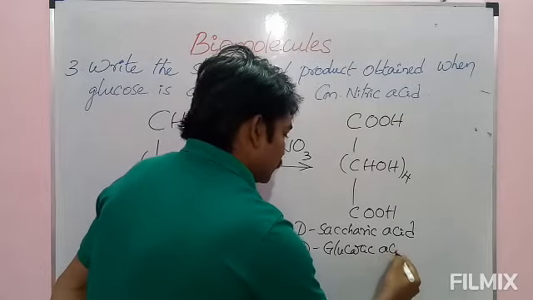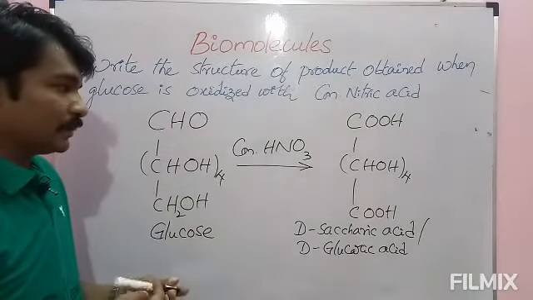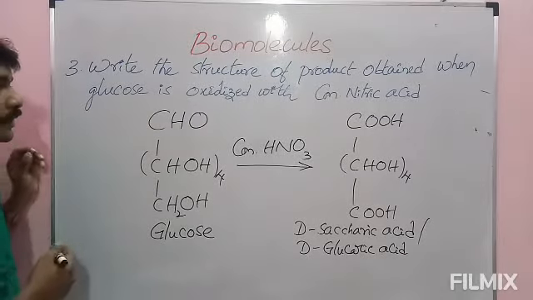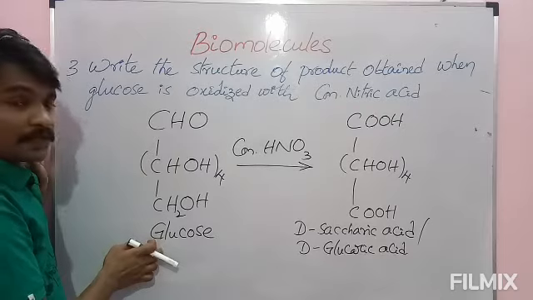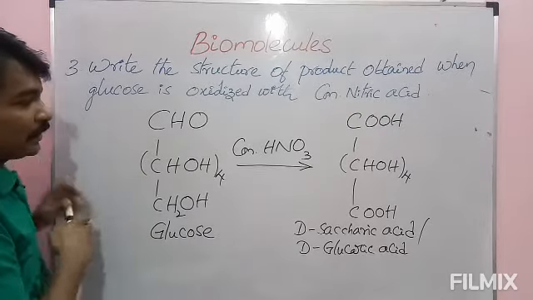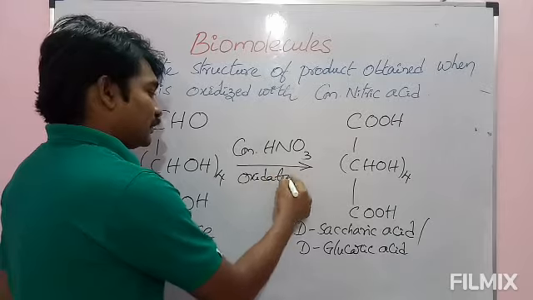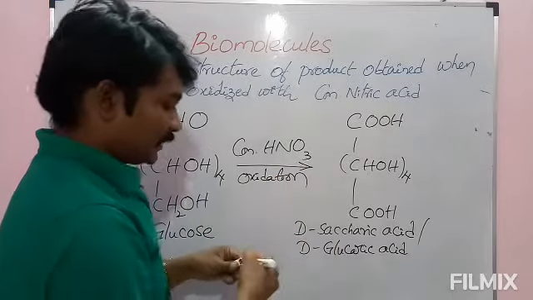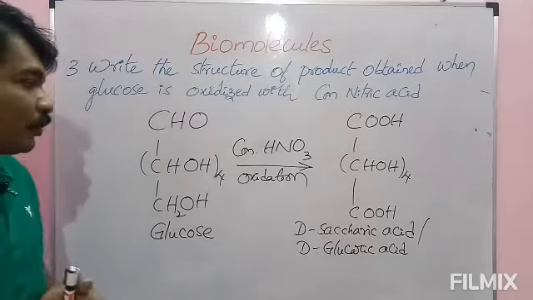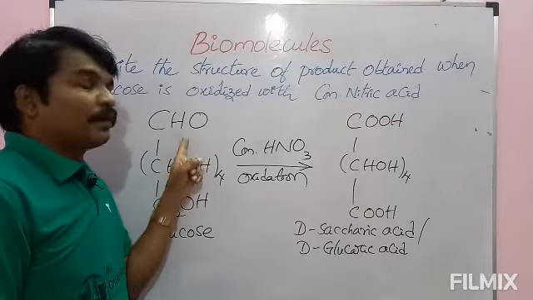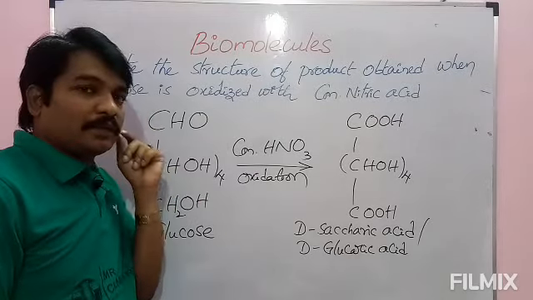Glucaric acid, both are same. Saccharic acid, D-glucaric acid. Once again check it. In presence of concentrated nitric acid, glucose molecule undergoes oxidation, and as a result we will get saccharic acid. Recall the first one: in presence of bromine water, only this carbonyl part, the aldehyde, oxidizes and it gives gluconic acid.